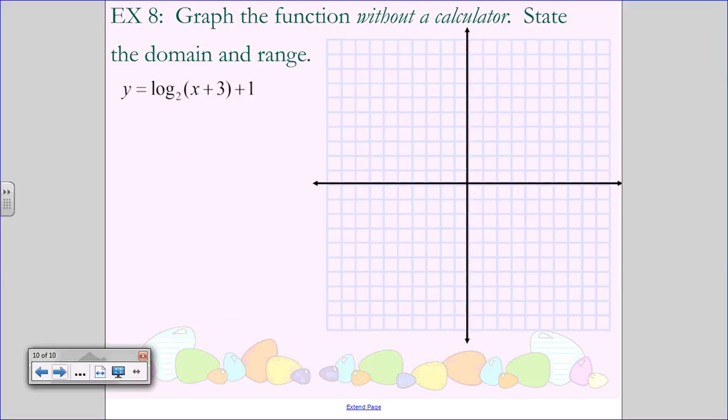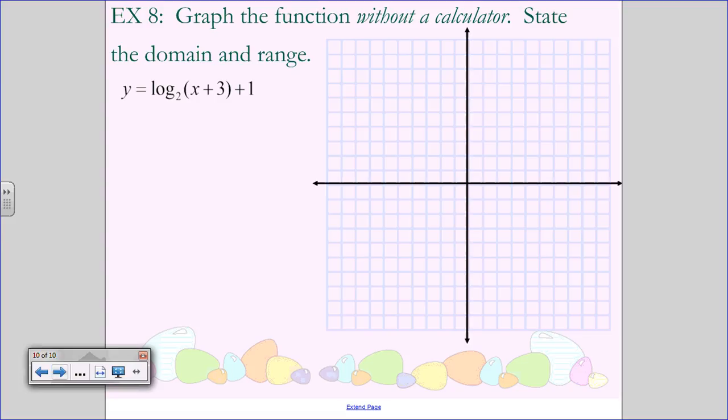All right, example 8. We're going to graph this again without a calculator, and state the domain and range. Now you'll notice with this one we have a translation. So just like what we did before, we're going to graph the parent function and then translate it so that it's easier for you to pick your points and figure out where they should go.